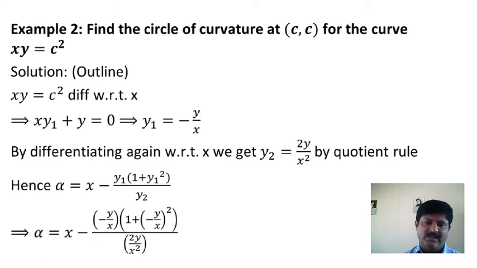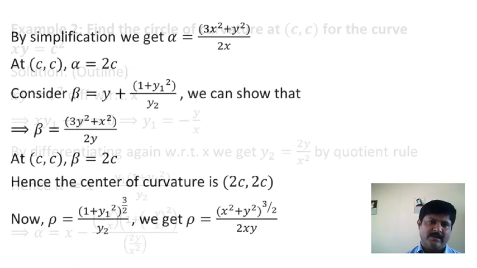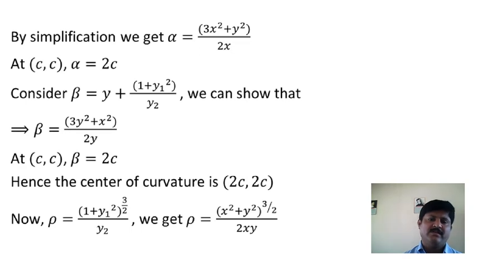Substitute for x and y, we get alpha = x - (-y/x)(1 + (-y/x)^2)/(2y/x^2). By simplifying, we get alpha = (3x^2 + y^2)/(2x). At (c, c), substitute x = c and y = c and simplify, alpha = 2c.